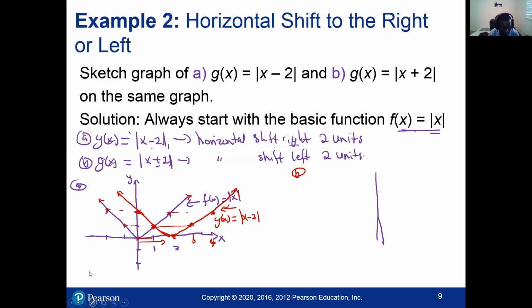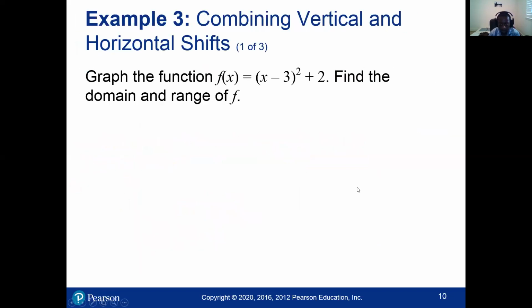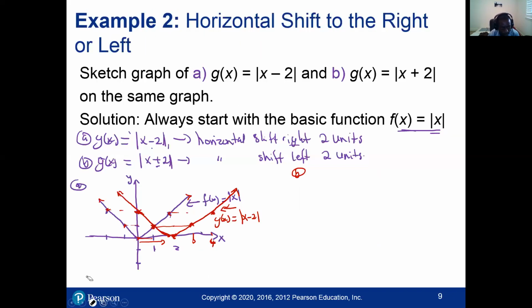Let me erase that. I need to get a better straight line. Okay. So we have this is the line, and we have that.